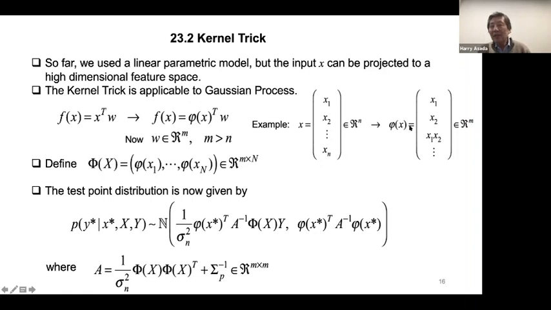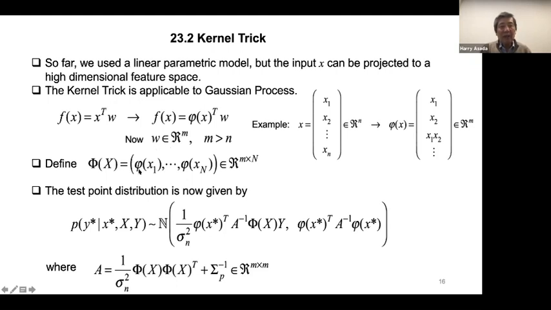But with phi, this can be expanded to m dimensions, and sometimes m is infinitely large, right? So that's actually kernels. We replace this x by this expanded feature function phi of x, and then do the same derivations as we did for the linear regression.